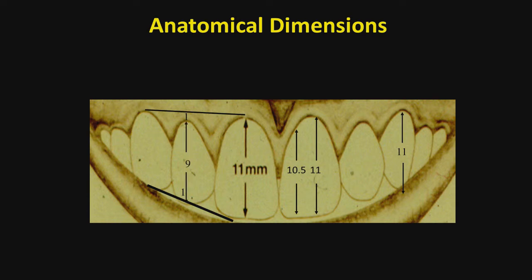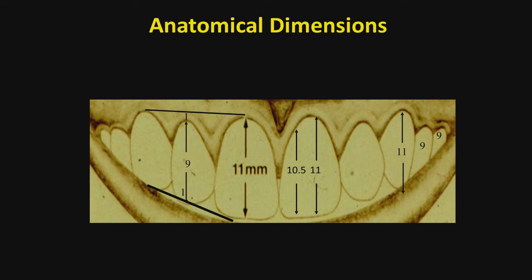So therefore, a lateral incisor should be 9 millimeters long. And if you look, the premolars and the mesial buccal cusp of the first molar are 9 millimeters long as well. So it's very easy to remember 9/11 based on the tragedy this country experienced.